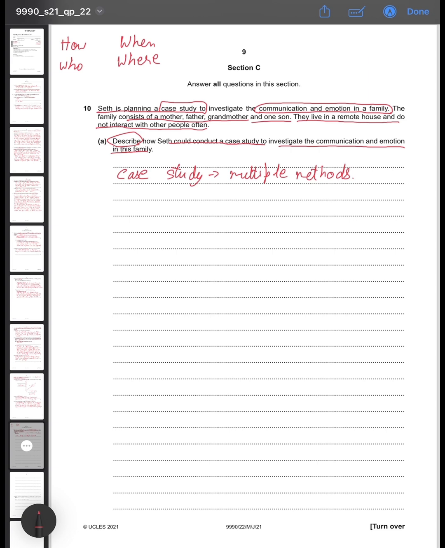So if you're talking about who, his sample, we already know his sample is this whole family consisting of the mother, father, grandmother, and a son. Now his data collecting technique can differ because he can use multiple methods.